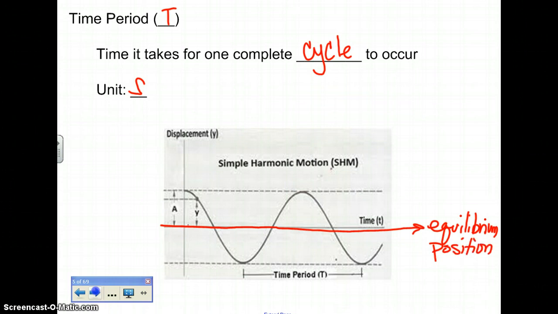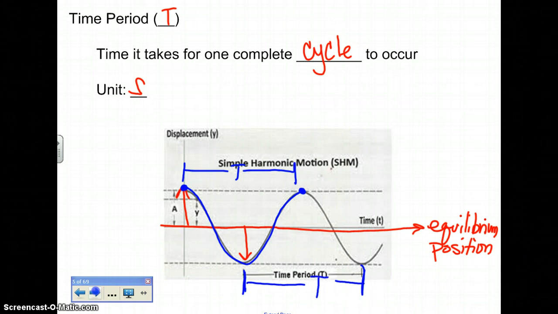So you're looking at your positive amplitude, you're looking at your negative amplitude. I started right here, okay? So the pendulum swung past equilibrium to its maximum displacement on the other side, back past equilibrium to the maximum displacement that I started from. So that would be one complete period right there. Taking from right here to right here is also one period.